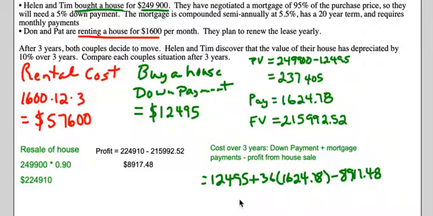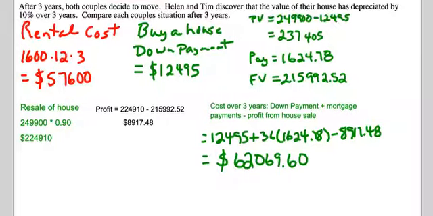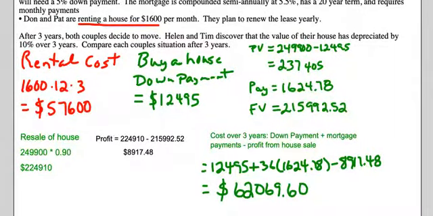This is your down payment, and then your 36 monthly payments, and then you subtract your profit. And that should give you $62,069.60. So this is the cost of buying a house, living in it for 3 years, and then selling it.